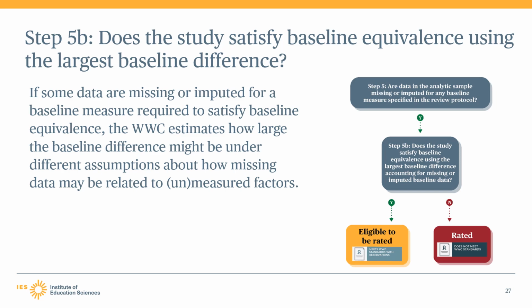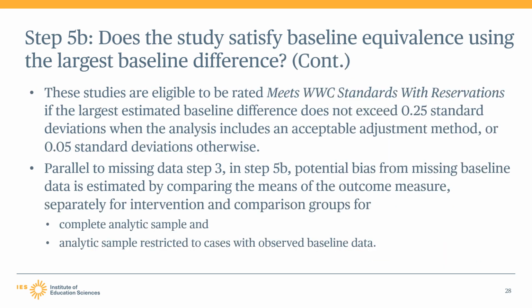In this scenario, the WWC uses a slightly different process to assess baseline equivalence. The WWC will estimate how large the baseline difference might be under different assumptions about how the missing data are related to measured or unmeasured factors. The largest of these estimates in absolute value is used as the baseline difference for the study.